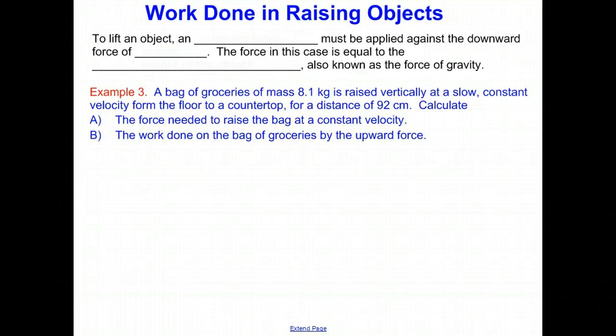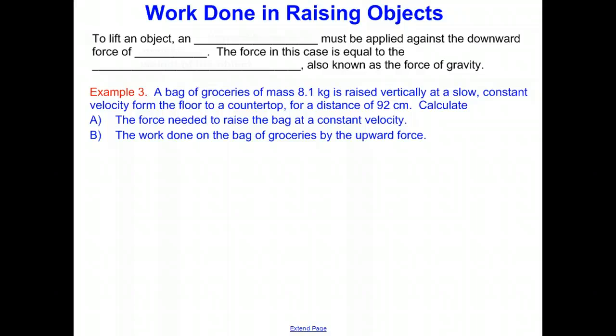Okay. Now, that happens if we're moving things horizontally along the ground or we're sliding things horizontally. What happens if we're lifting an object above the Earth's surface? So remember back from our forces units that when we're measuring the weight of something, it's really also the same as the force of gravity.